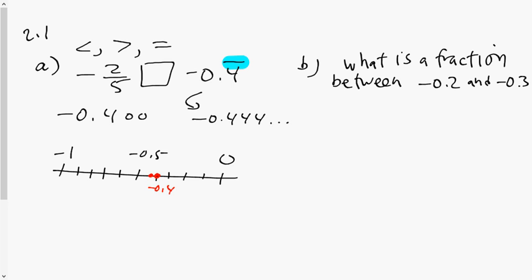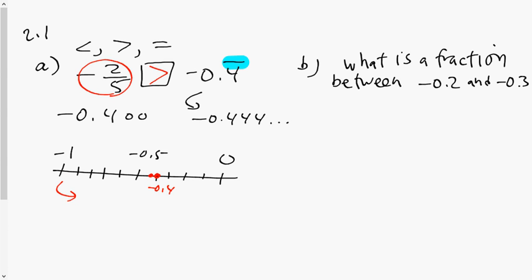And the farther something is from 0, when it's negative, the smaller it is. So therefore, this number is bigger than this number, and therefore we're going to use this symbol to show that it is greater than, okay? And that's the proof we could have used on a test. We would have converted them both to decimals and shown on a number line that we understand where those are represented, and we would be able to then say that negative 2/5 is greater than negative 0.4 repeating.